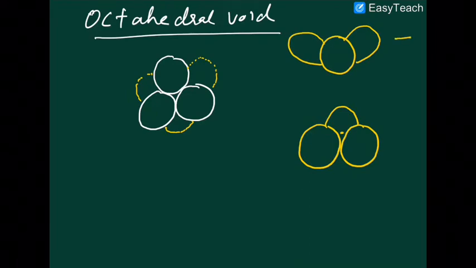Because you have to show that both the triangular voids that come together to form the octahedral void have their depression in the opposite direction. One depression is downward, the other depression is upward. Are you sure about that? So here these are 4 front atoms, and these atoms are above.